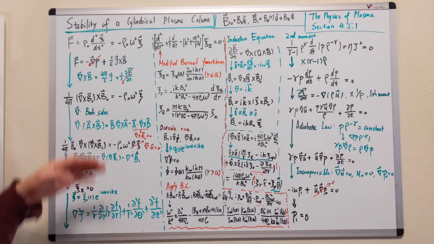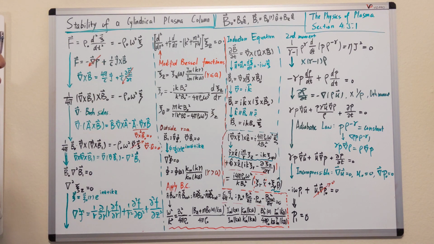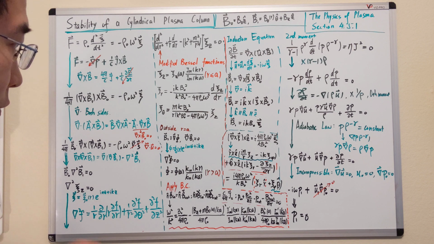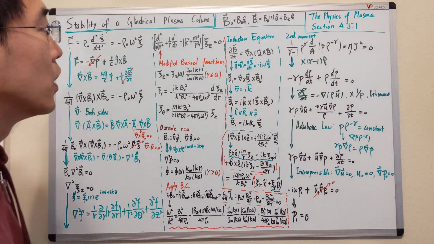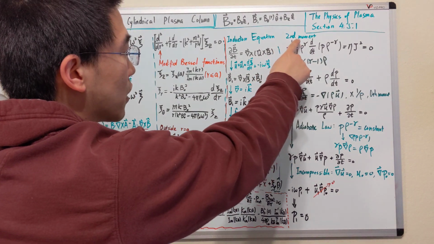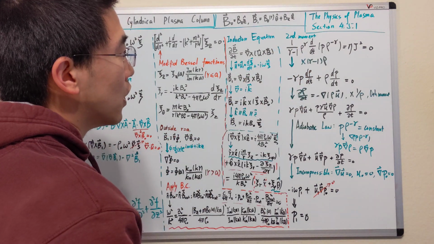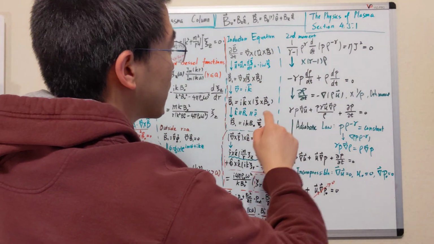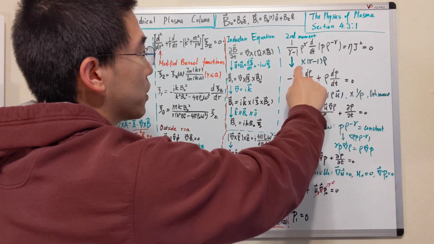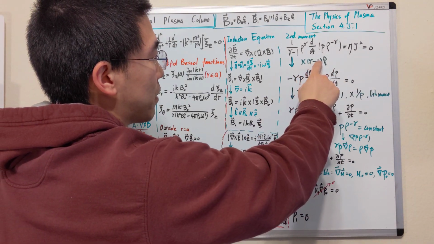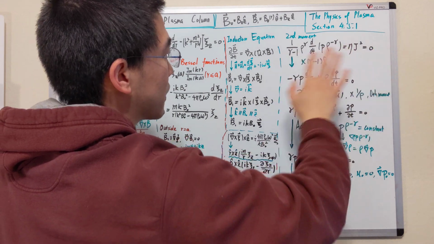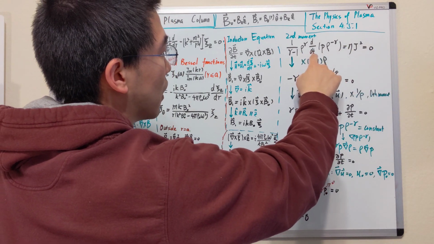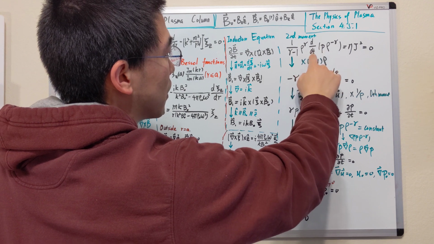And let's look at the first order. We will argue the first order P1 is zero as well. So let's look at the second moment. This is from the MHD equation, second moment, and then we multiply by gamma minus 1 over rho, and we just expand everything in terms of this.